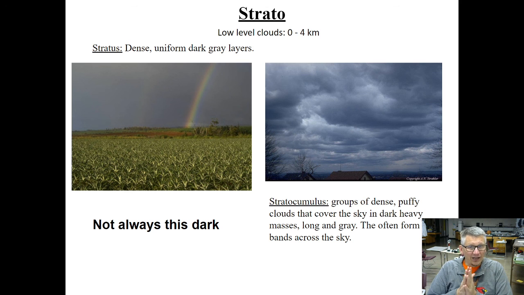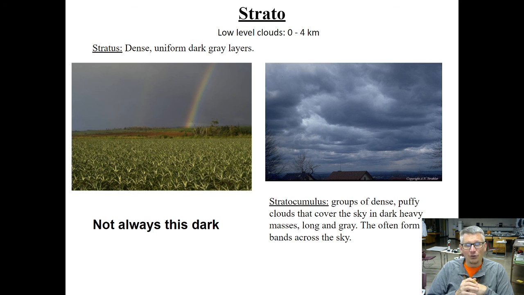Strato. When we take a look at stratus clouds, they are going to be low clouds. My note there is they're not always necessarily dark. These happen to be dark. On the left-hand side, we have what I would call a stratus cloud, where it's just low and covers a large area. Another type of stratus cloud is fog, and I can't remember if I have a slide on that.